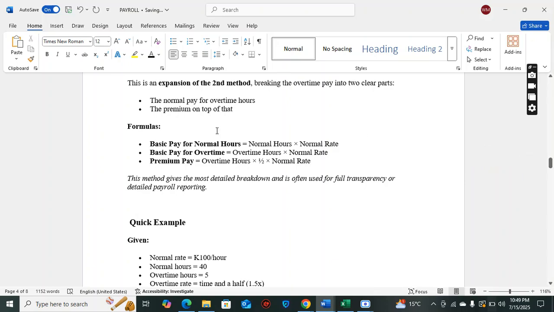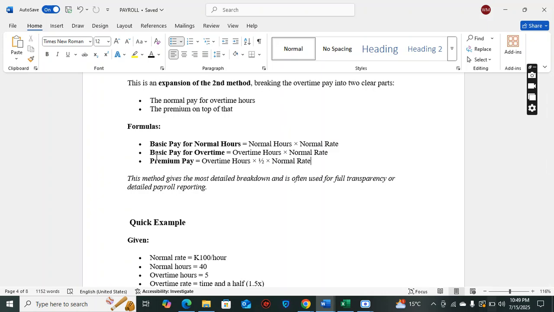Okay, then this is the final method, the third method. Basically, it's breaking down your overall gross pay into different compartments. First, you get the normal pay, the normal hours with your normal rate. Then your overtime, you're going to break it down. In the first method we only go to the overtime premium.